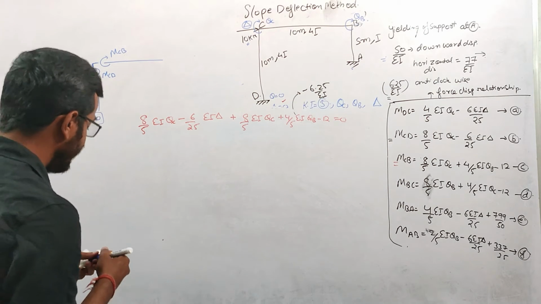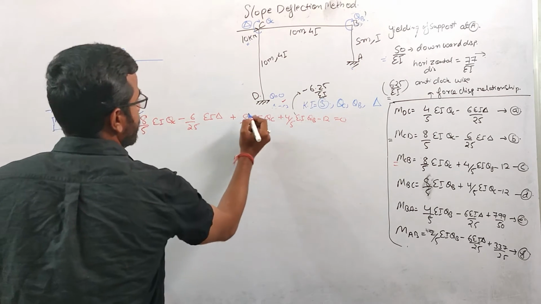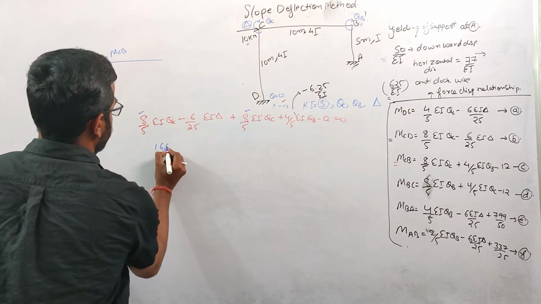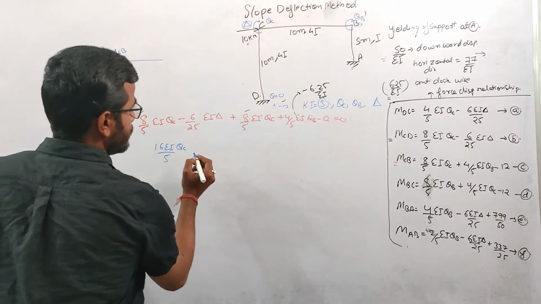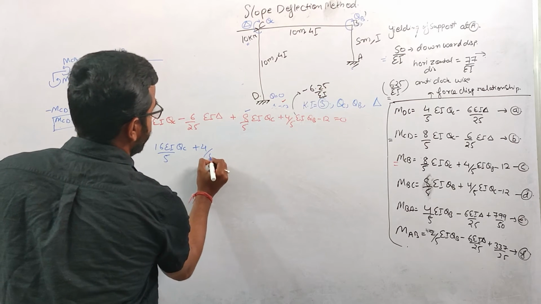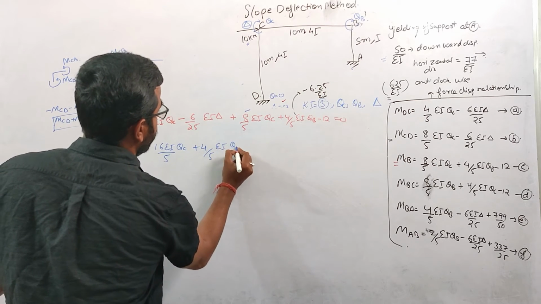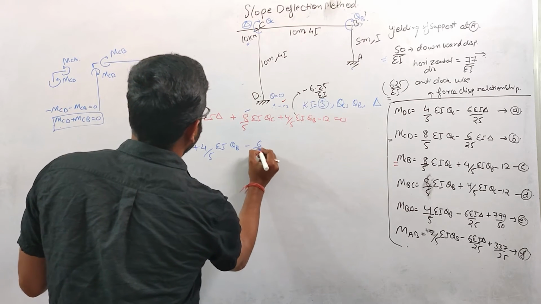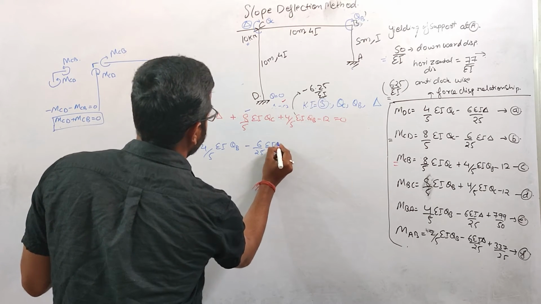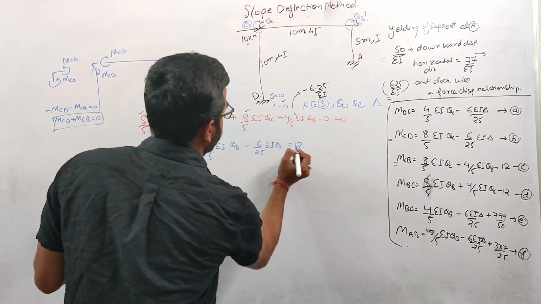If we solve this equation, this is 16 over 5 EI theta C, plus 4 by 5 EI theta B minus 6 by 25 EI delta, which is equal to 12.